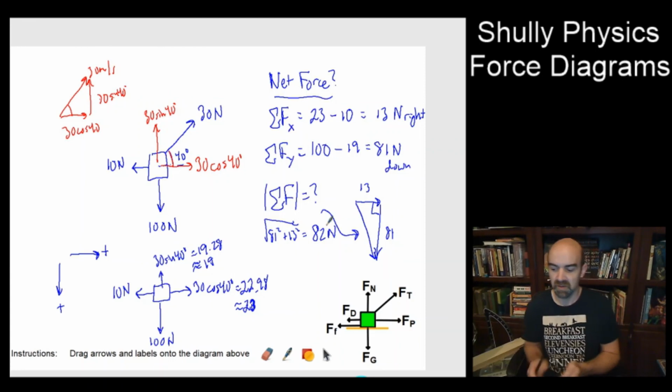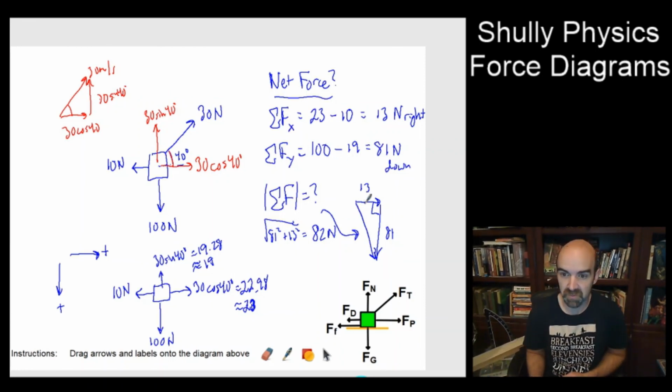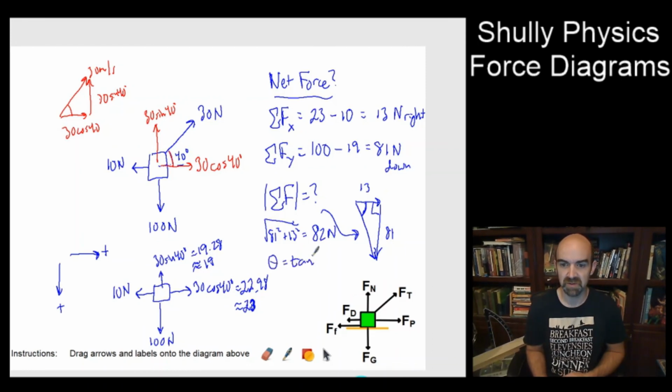All right, now that's the magnitude though. What about the angle? Well, if I plug in an angle right here, let's look at this angle reference. Then I've got two sides. I also have a hypotenuse now, but I do have the two sides. So for the angle, I'm going to use the inverse tangent of opposite over adjacent.